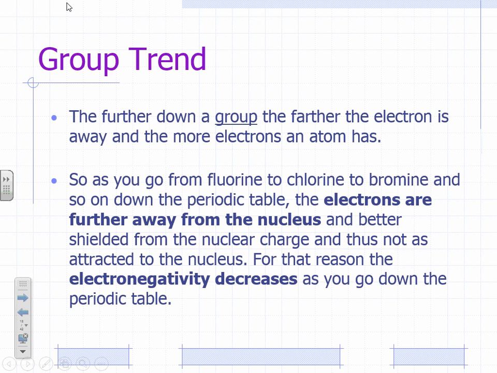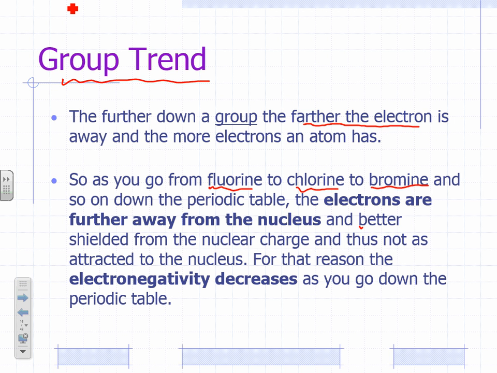So as you go down a group, looking just at the group trend, we know that the electrons are further from the nucleus. They're further from the nucleus because we have an increase in the number of shells. So, for example, when you go from fluorine to chlorine to bromine down the periodic table, the electrons are going to be further and further away from the nucleus.